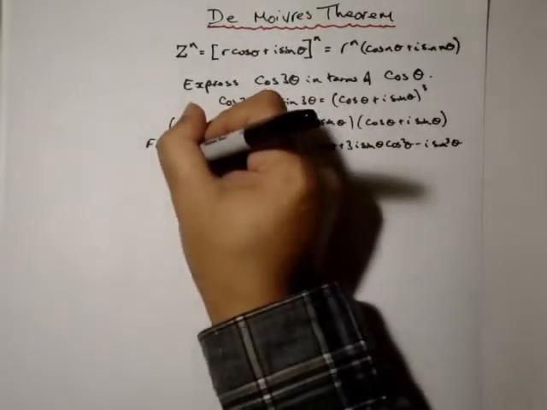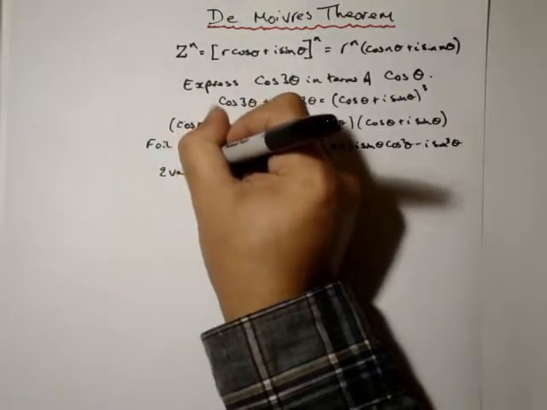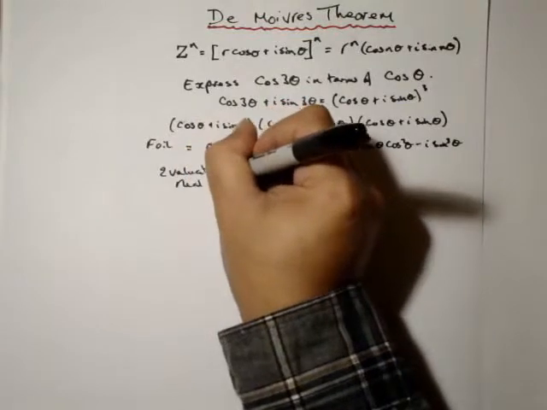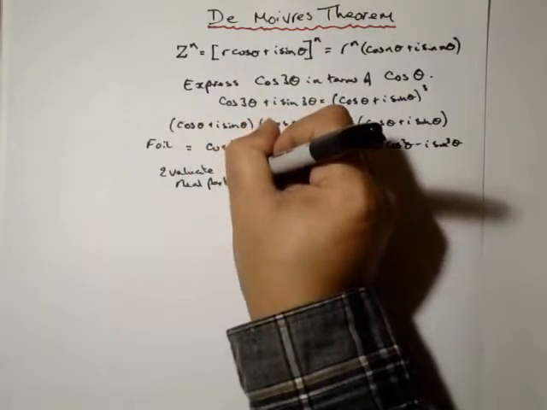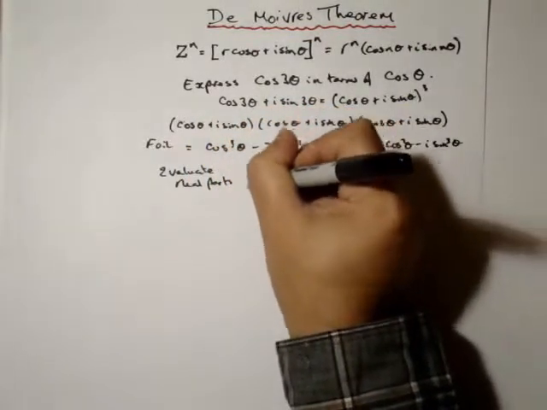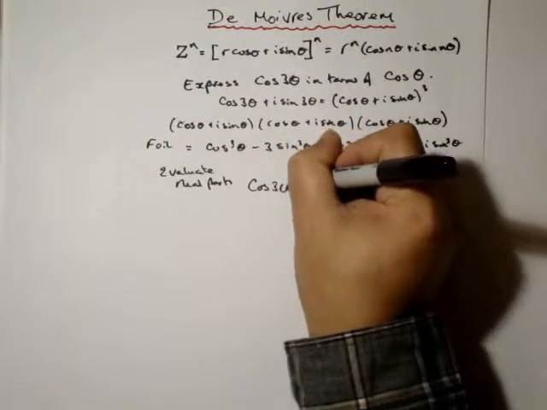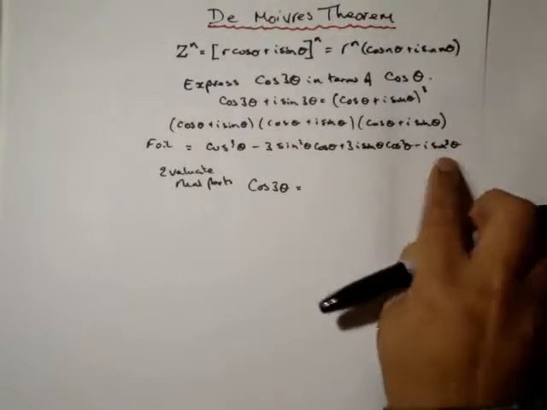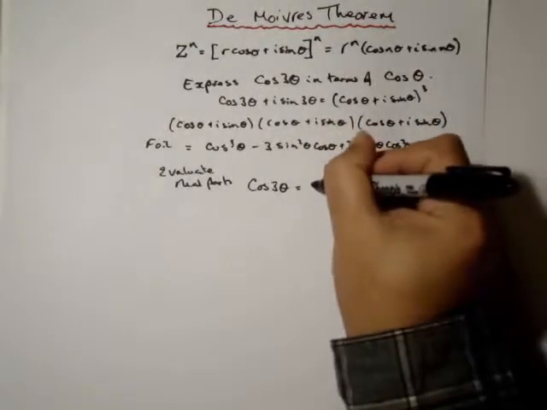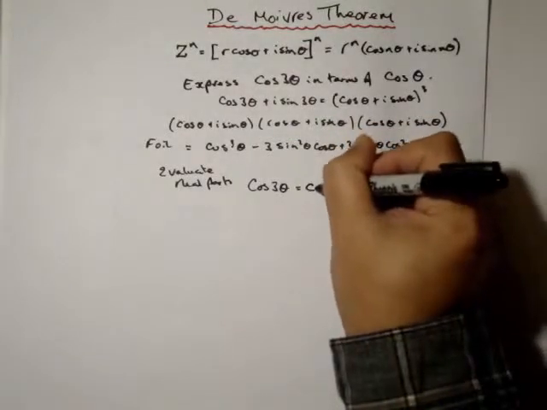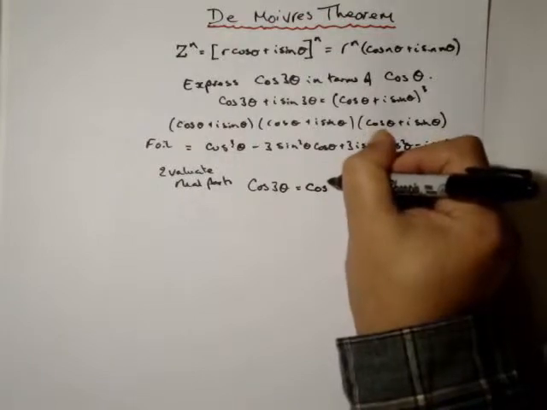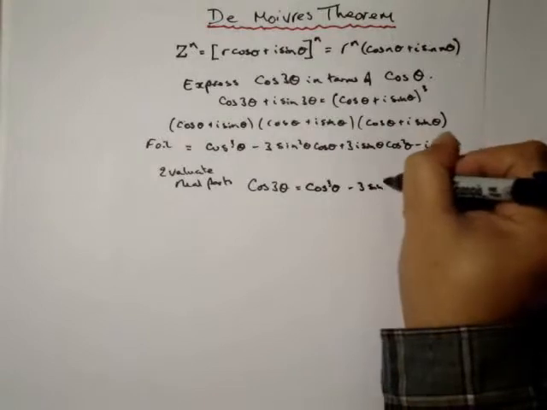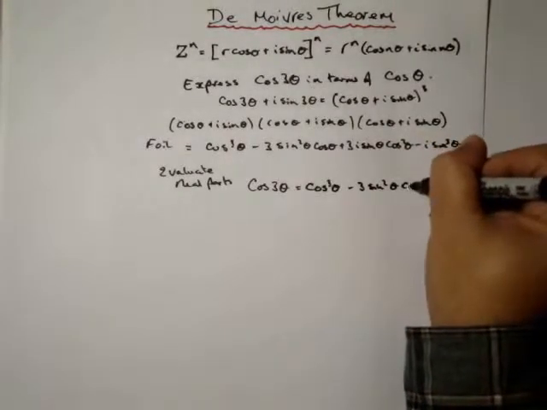Then we evaluate the real parts, so our cos 3 theta, we ignore the imaginary parts with the i. Our cos 3 theta is equal to cos cubed theta minus 3 sine squared theta cos theta.